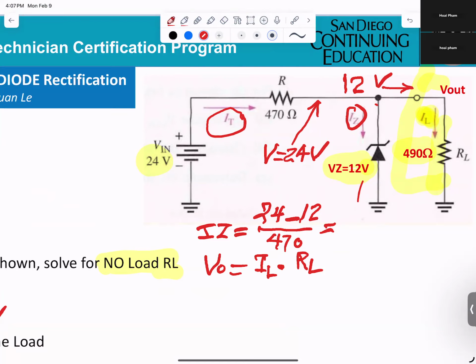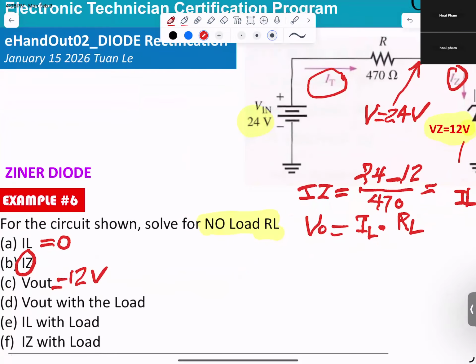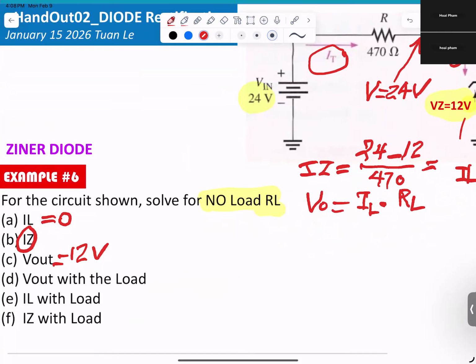Now you have to calculate the IL. So the voltage here is 12 volt. 12 volt divided by 490 ohm, you get IL. That gives you the IL with the load. And they want IG with the load.